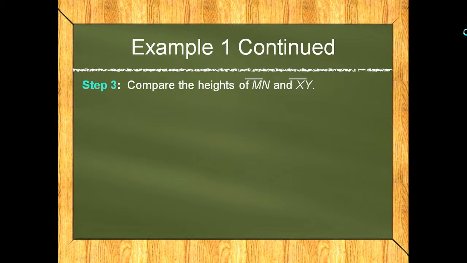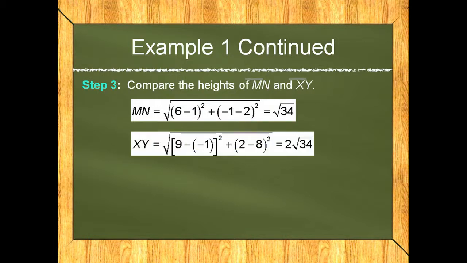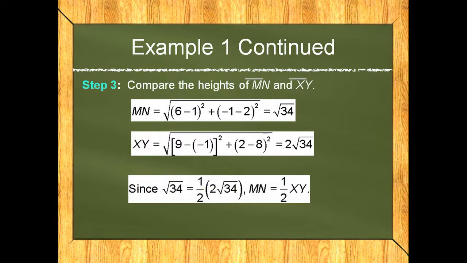MN, using the distance formula, is the square root of 34. XY is 2 times the square root of 34. Since the square root of 34 equals 1/2 times 2 square roots of 34, MN is 1/2 of XY.